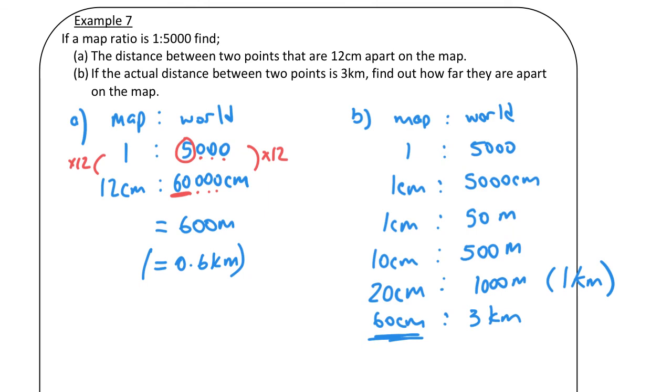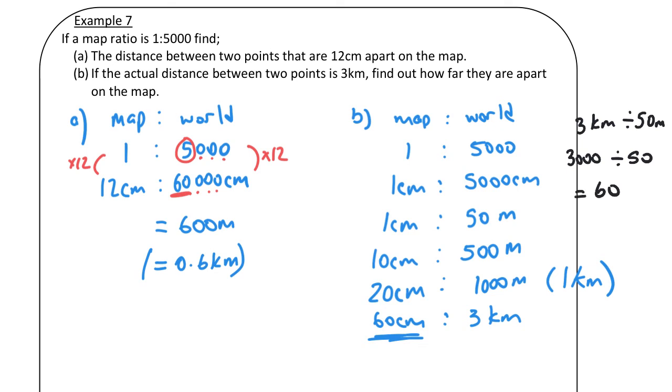Now, sometimes they may not build up in the same way that I was able to build them up. So if you were able to get to the stage of 1 centimetre to 50 metres, what we could have done at that stage, alternatively, was to divide our 3 kilometres by 50 metres. And to do that, we would do 3,000 divided by 50, which would give us 60.